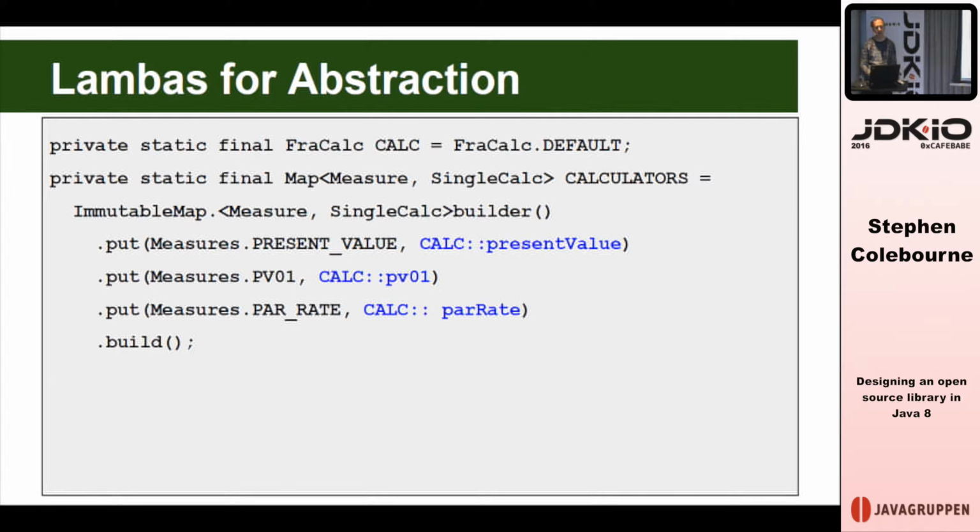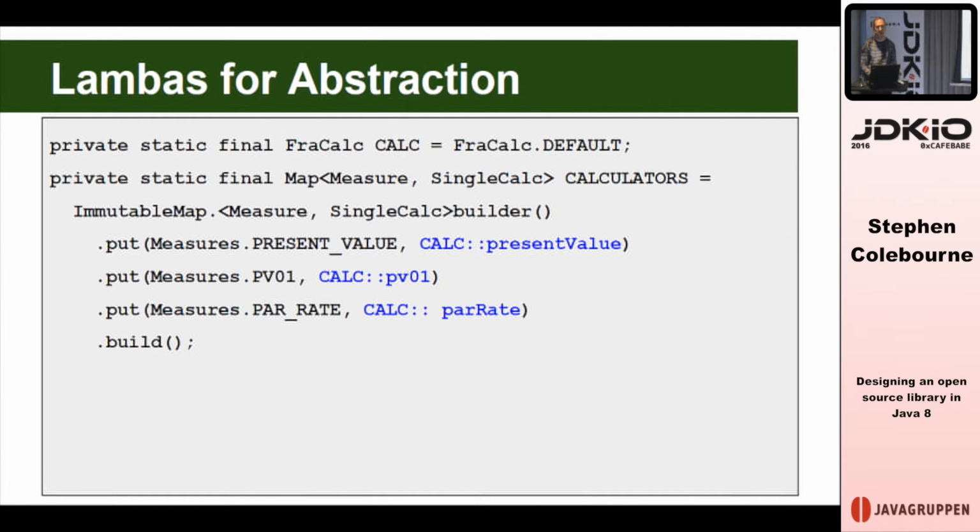And here's the key bit. So up at the top of my class, I can set up this calculators object to be a map, which is just a map from the measure name to the piece of code that implements it. So those things there, calc::presentValue, that's another way of writing a lambda. It's called a method reference, and basically it's just a pointer to a method.